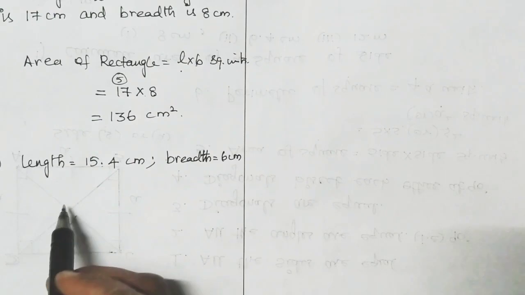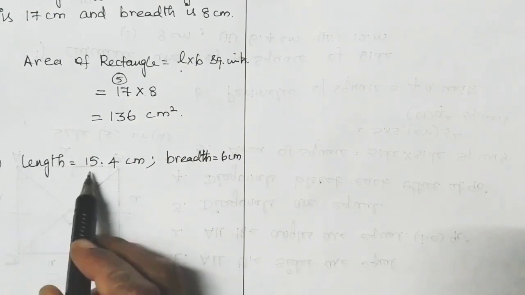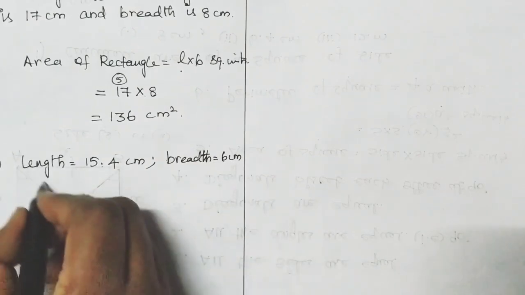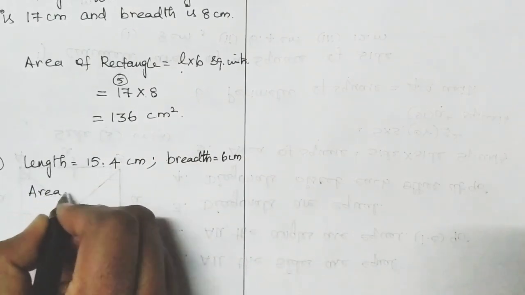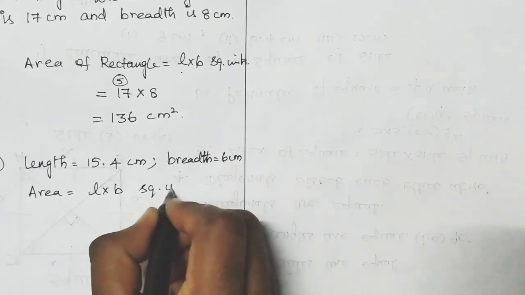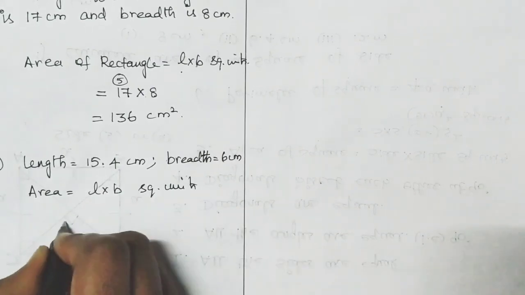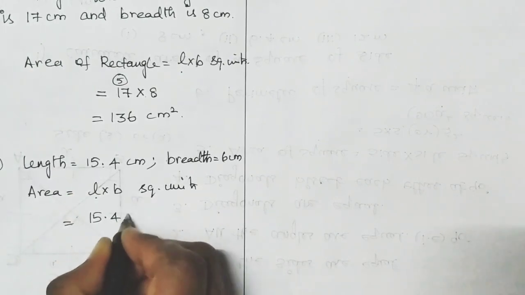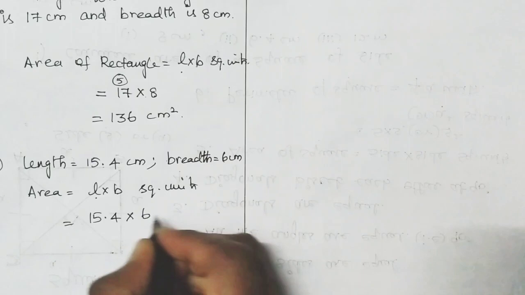Now listen to this subdivision. They have given length is 15.4 centimeter and breadth is 6 centimeter. So area, we know the formula, is L into B square units, which is equal to length 15.4 into breadth 6.